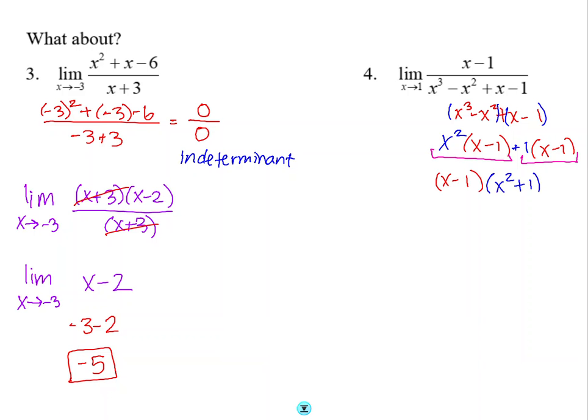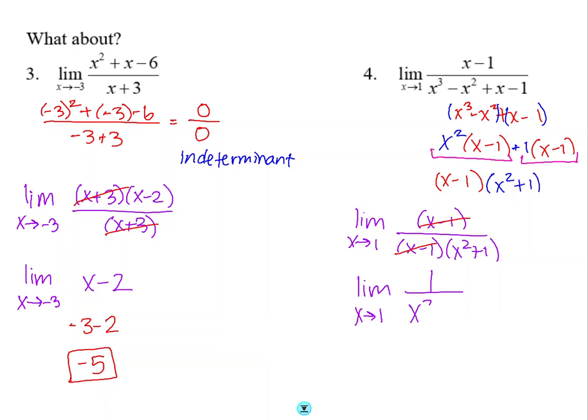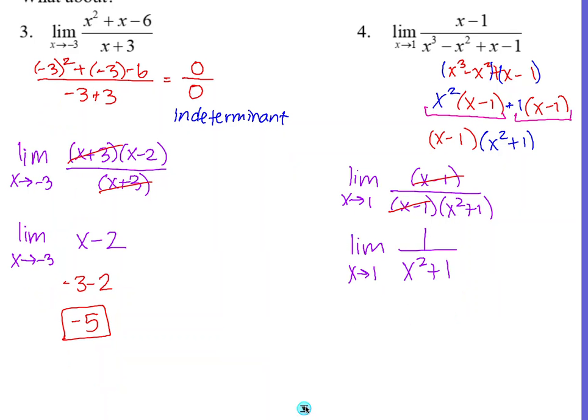So I have the limit as x approaches 1 of (x minus 1) over (x minus 1)(x squared plus 1). The x minus 1's cancel out, so I have the limit as x approaches 1 of 1 over (x squared plus 1). Now I can do my substitution.